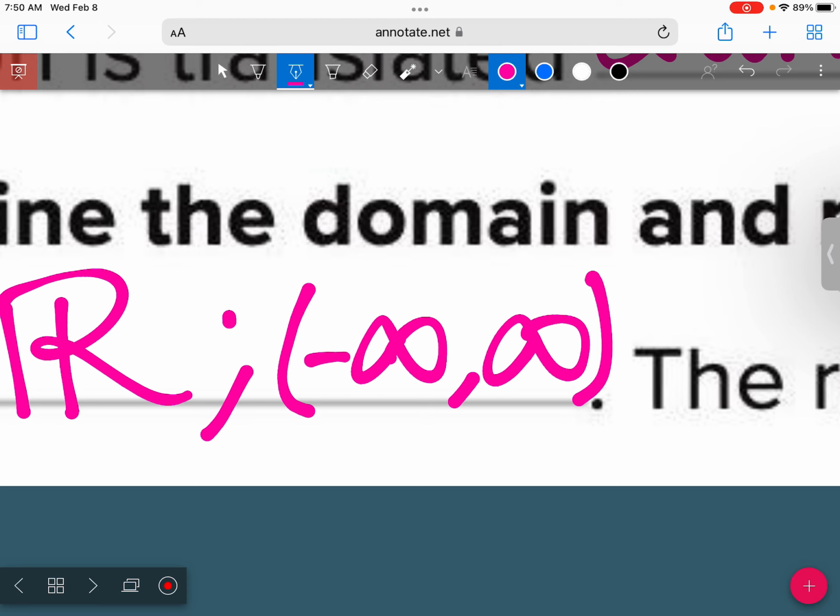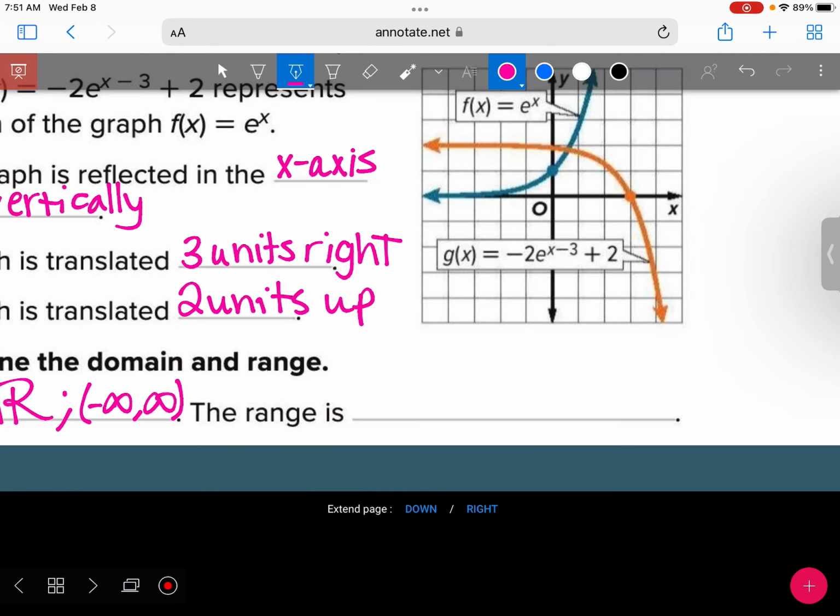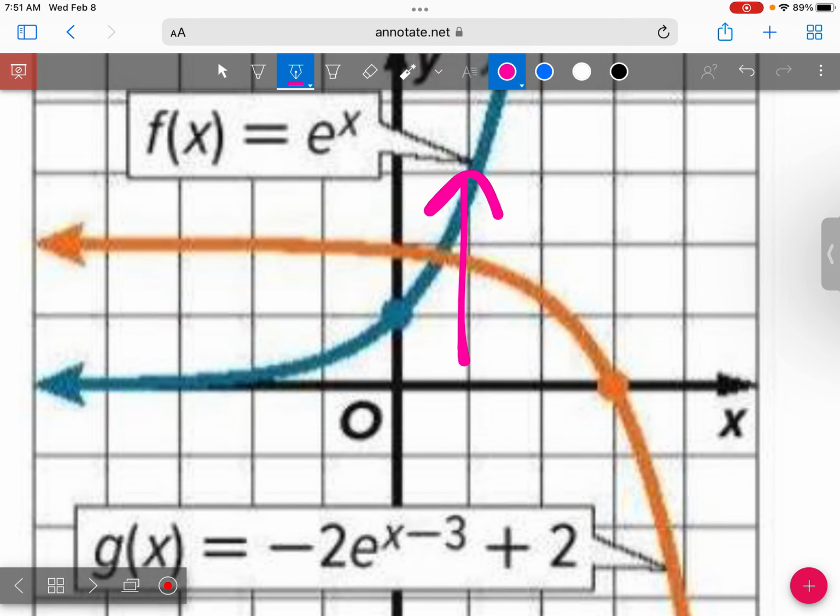As y goes towards positive infinity, what does it keep getting closer to? Look at, as y keeps going this way, what does this orange line keep doing? It's straightening out towards what number? Do you remember what the A word is called? Asymptote. It keeps getting closer and closer towards our asymptote, which is 2.